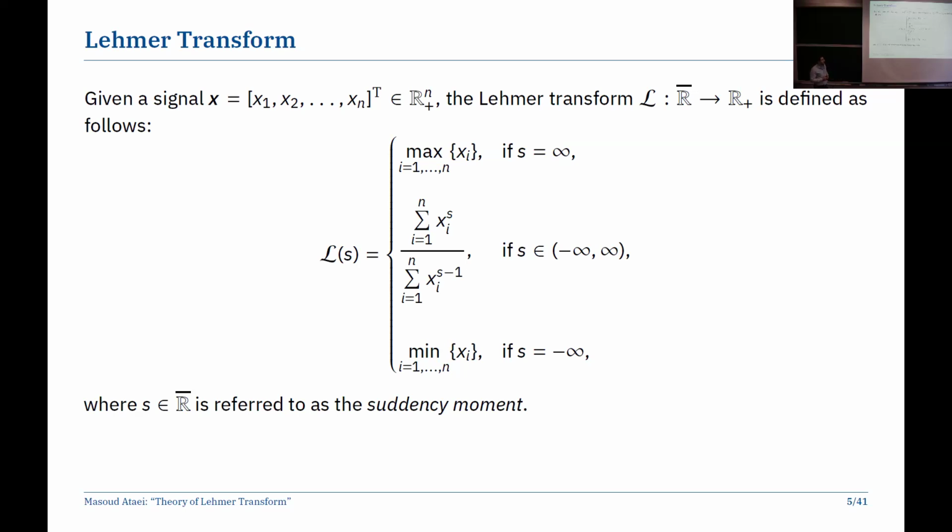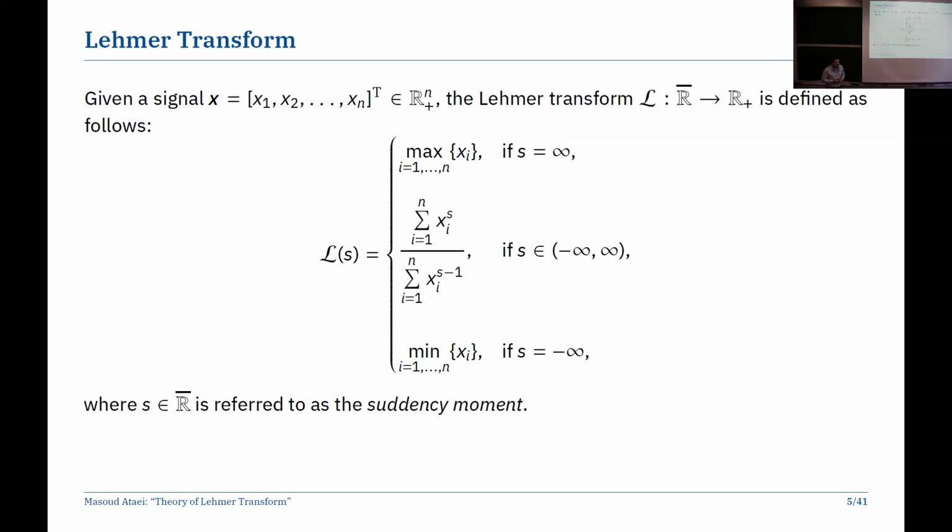For instance, when S equals 1, the numerator reduces to the summation of observations, and the denominator reduces to the sample size, returning the sample mean. As S goes to infinity, the transform converges to the maximum of the sample, and as it goes to negative infinity, it converges to the minimum of the sample.